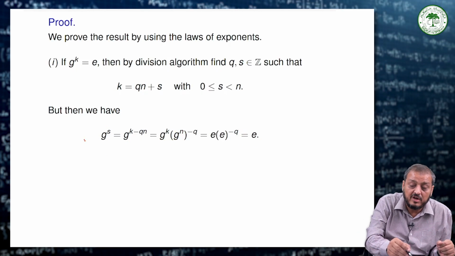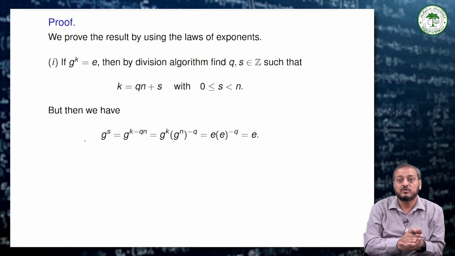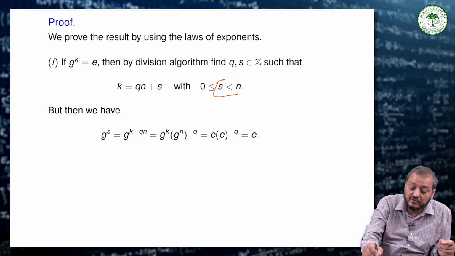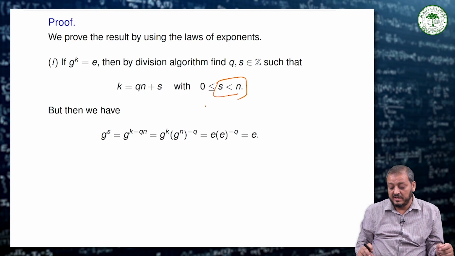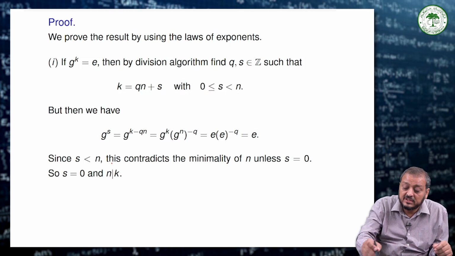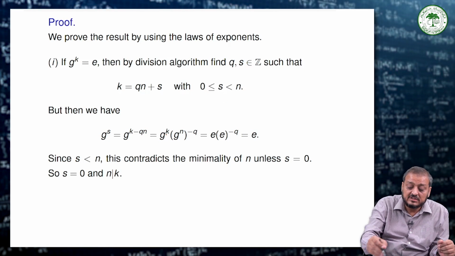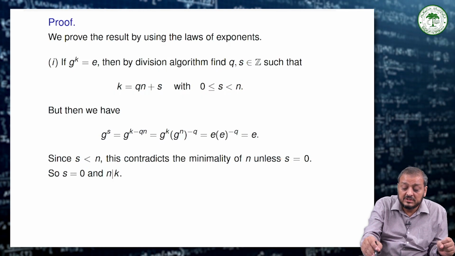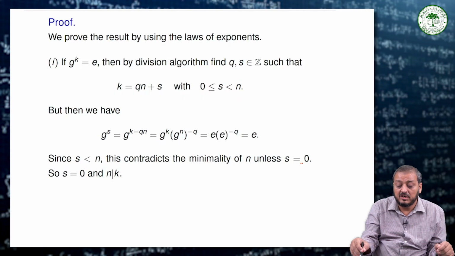That means ultimately we have to show that a^s is equal to identity. But you see s is strictly less than n, so this contradicts the minimality of n. So the only possibility is s equal to 0.